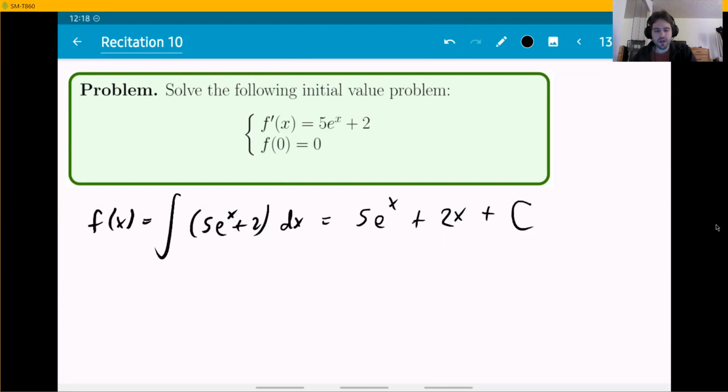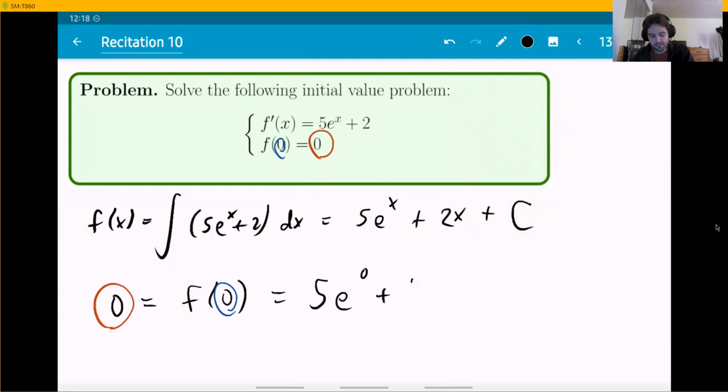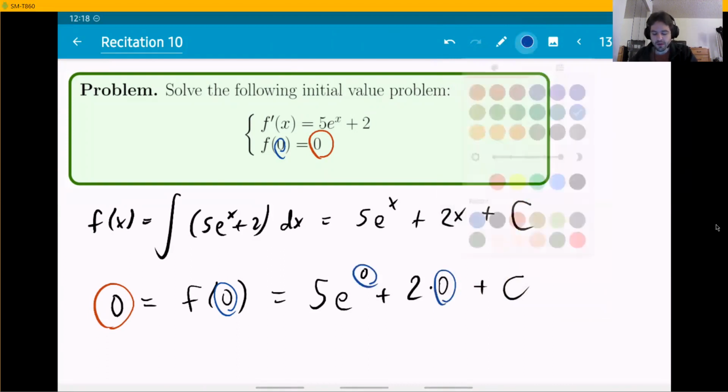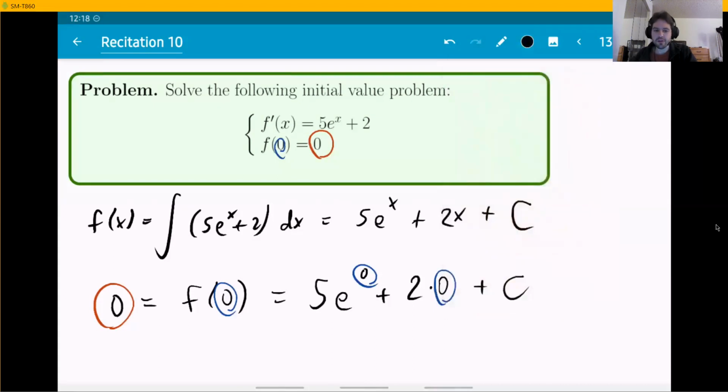Now what we have to do, f of 0 is 0. So on the one hand, I'm going to color code like this. 0, the value, is equal to f of 0, the argument. So we are going to be plugging in zero, the argument, into the function f. Those should be the blue zeros here, the argument x equals 0 plugged into the f that we just found. Because this is an equation that allows you to find c. Look at this equation now.